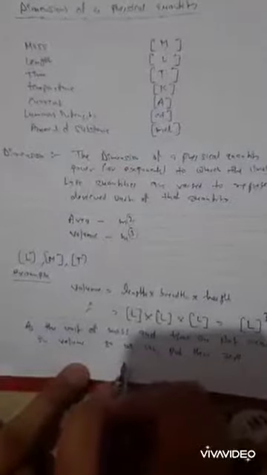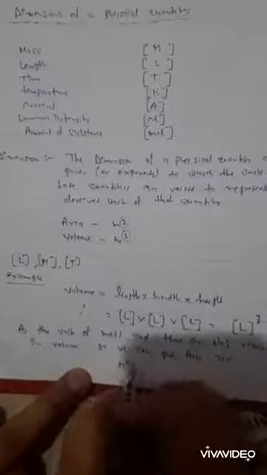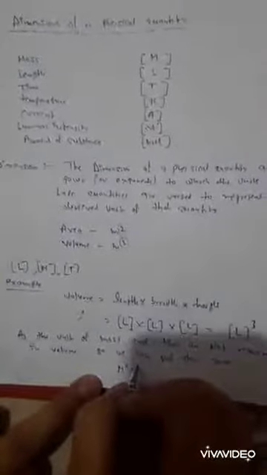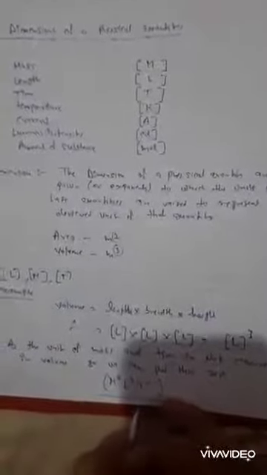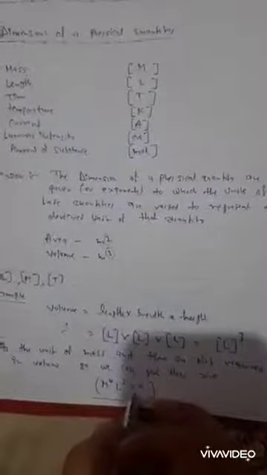So the final dimensional formula for volume will be M0, L3 and T0. This is the final dimensional formula of volume.